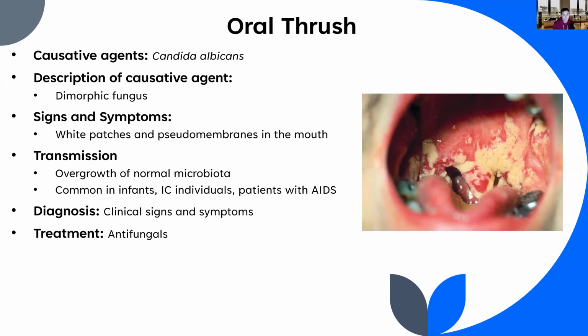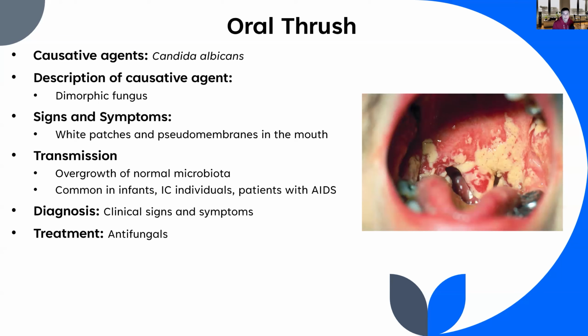It could also be the result of antibiotics or other disruptions to the normal microbiota. Typically, oral thrush we're only going to see in infants or those who are immunocompromised, particularly patients with AIDS, because there's so much going on in our oral cavity that it's really hard for the fungus to overgrow under normal circumstances.